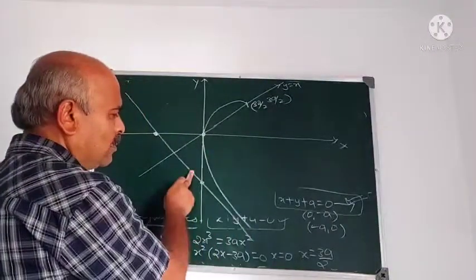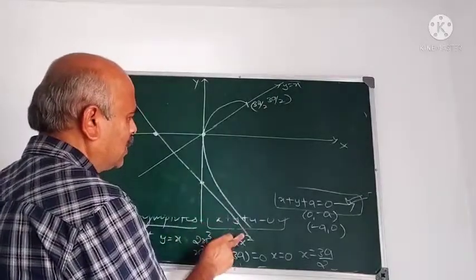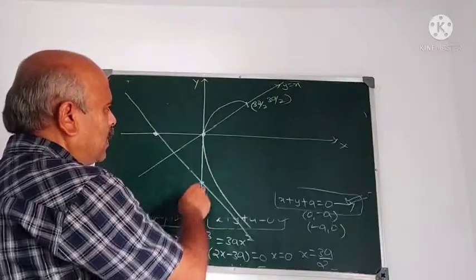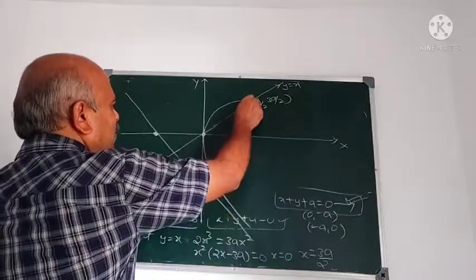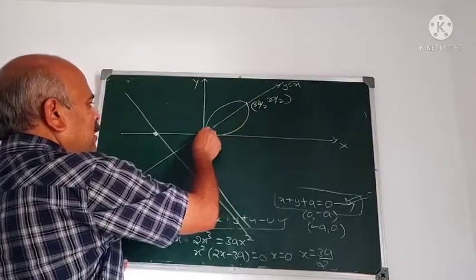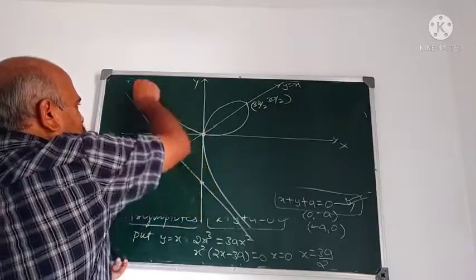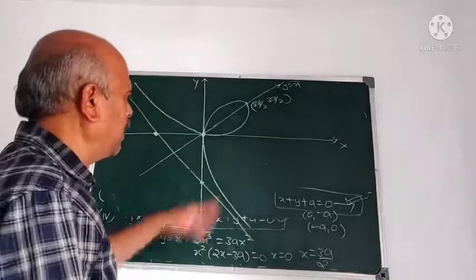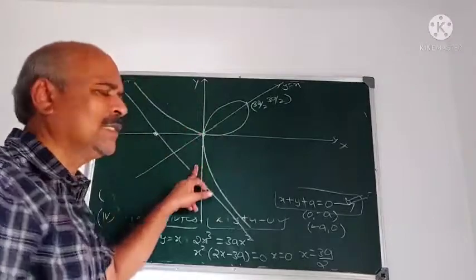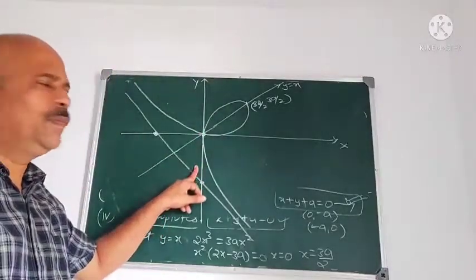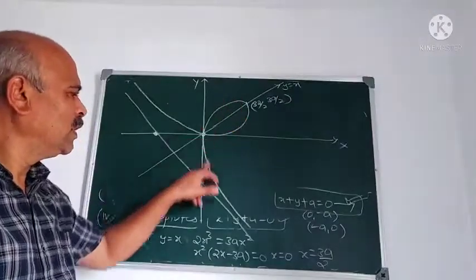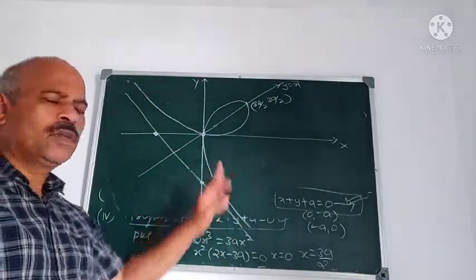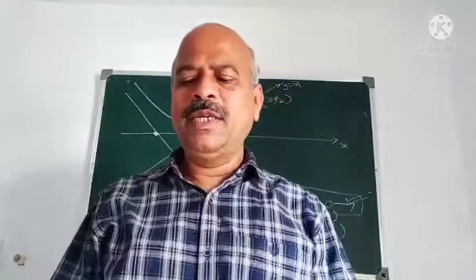Because this is the asymptote, and the curve again doesn't cross this line. The y-axis is a tangent. Since it is symmetric about the line y is equal to x, there is one more branch like this. The x-axis is also a tangent at the origin. And the curve is like this. This is called the folium of Descartes.